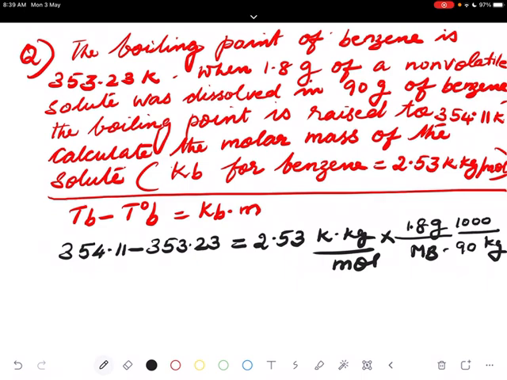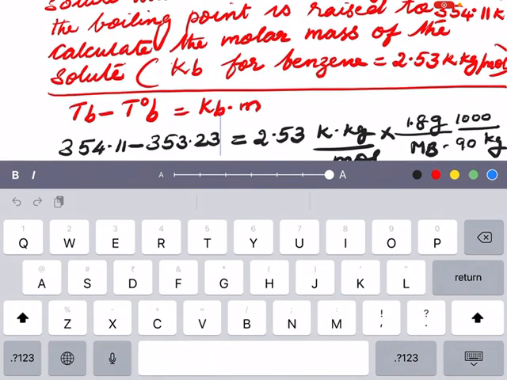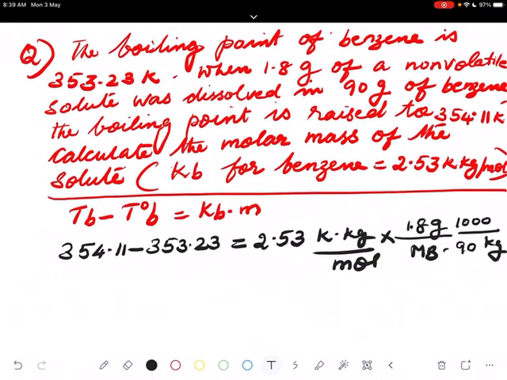So what all things will get cancelled? Here the difference will be in Kelvin. So the cuttings will be going like this. Kelvin, Kelvin will get cancelled. Kg, Kg will get cancelled. What remains is grams per mole. Of course, MB unit is grams per mole.